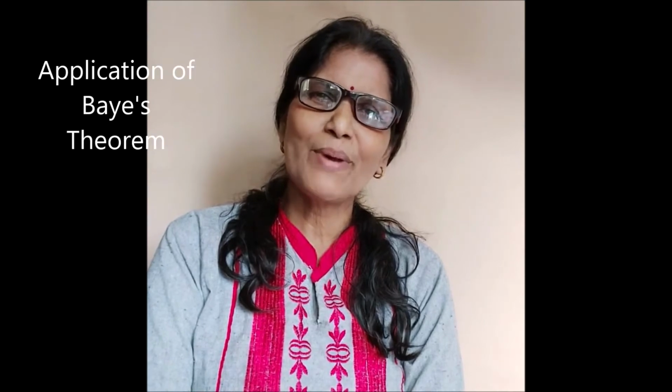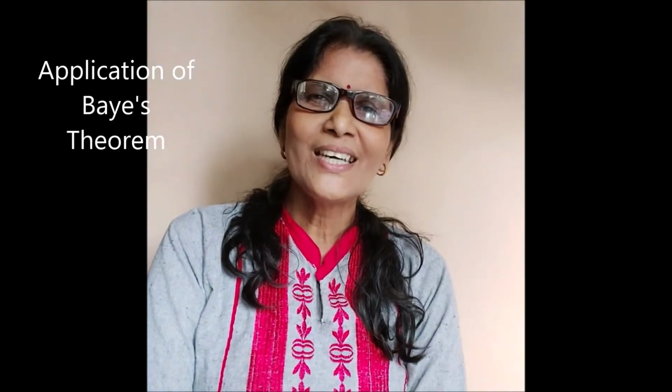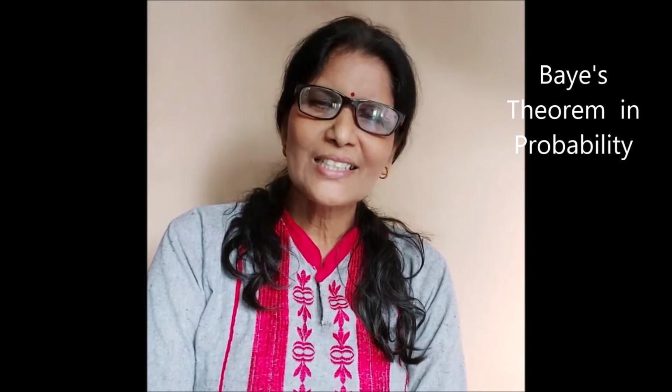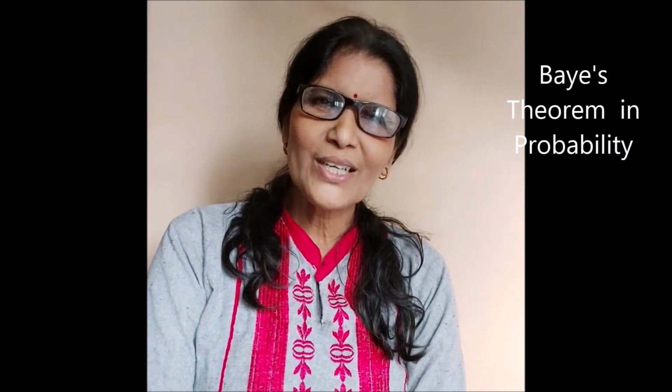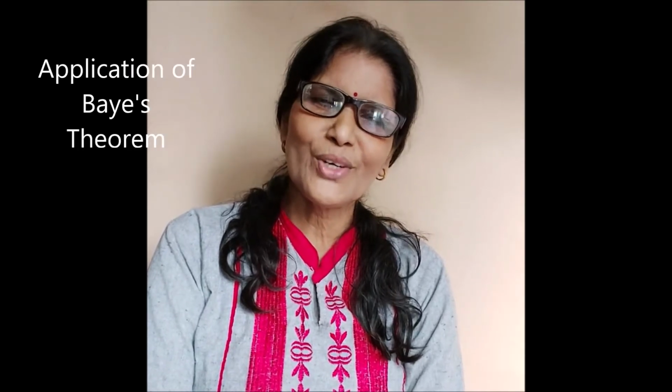Dear students, today we will learn how probability, especially Bayes theorem, is applied in real life situations. I have taken an example from the present situation, your COVID-19 test. The situation is like this. From a large population, only 0.1% have the coronavirus.